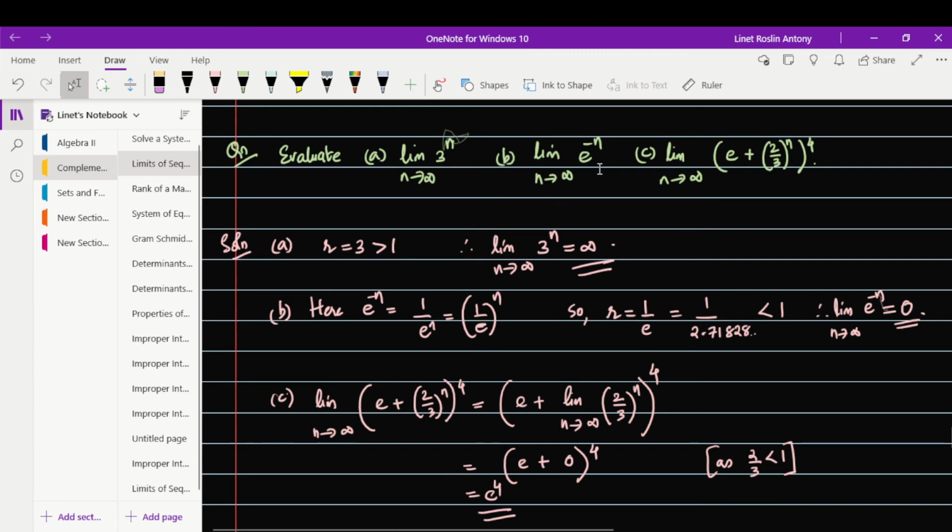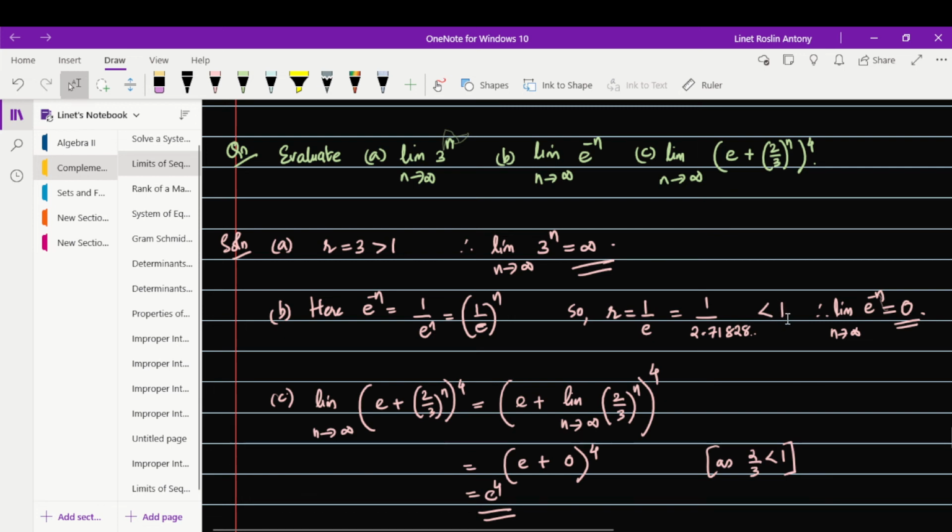Now you have here e power minus n, right? So e power minus n is nothing but 1 by e raised to n, which is nothing but (1 by e) the whole raised to n. So here we have to take r is equal to 1 by e. Okay, e has the value 2.71828 etc. So r is equal to 1 by 2.718 etc., and that will be definitely strictly less than 1.